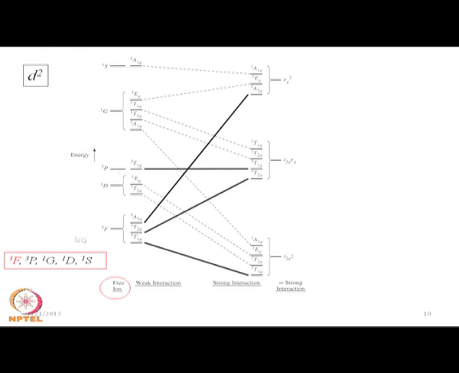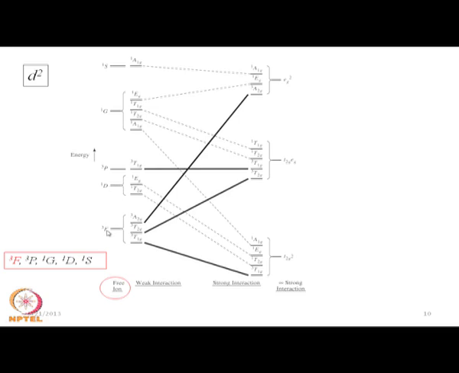So, for D2 electronic configuration, we have found out that we have 3F, 3P, 1D, 1G and 1S electronic states. And interestingly, in terms of the energy values of these free ion terms, this 3P term, though it is a triplet state, has higher energy compared to its 1D term.